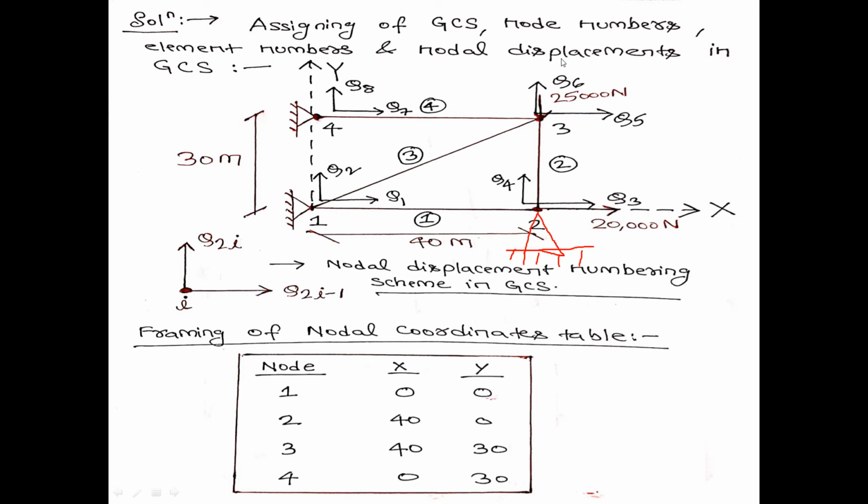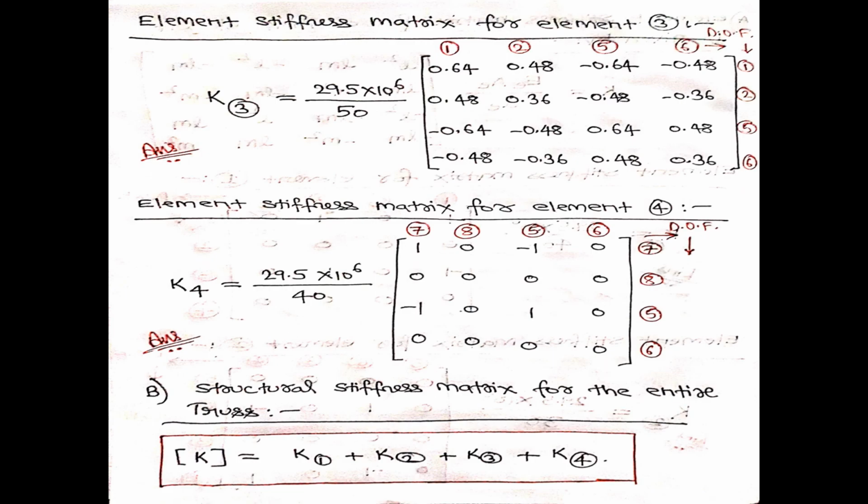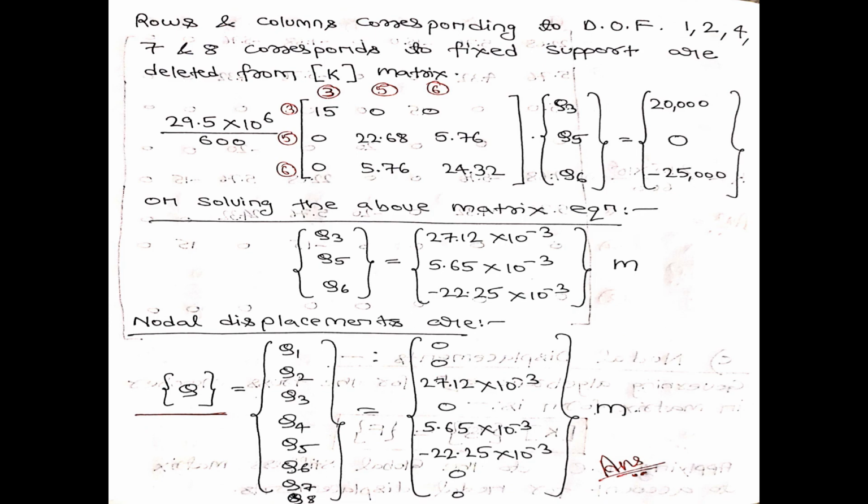That is minus 25,000 Newton in the negative y direction. So which value is this? This value will be along node number 6.